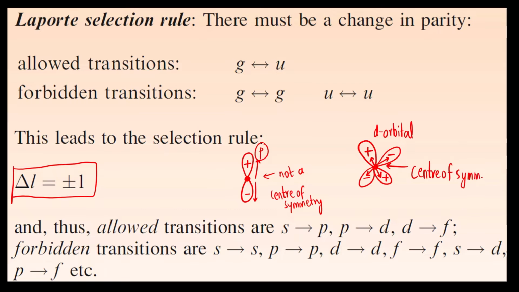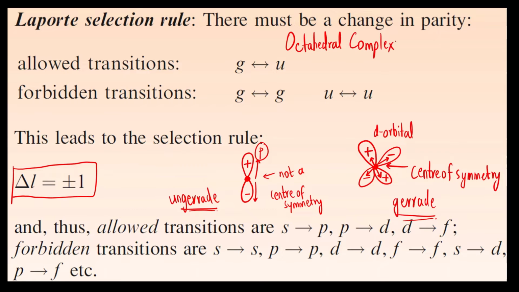Okay, and wherever a center of symmetry is present, those orbitals are called gerade. Okay, they are gerade, and the ones where there is no center of symmetry are called ungerade. So this Laporte selection rule is mostly applicable for octahedral complexes, where a center of symmetry is present, because here d orbitals are involved, as we saw just now.